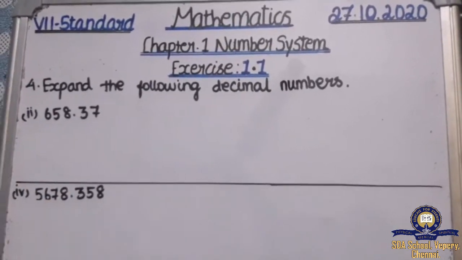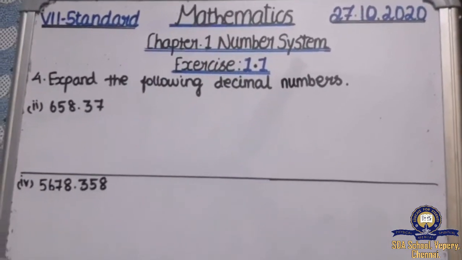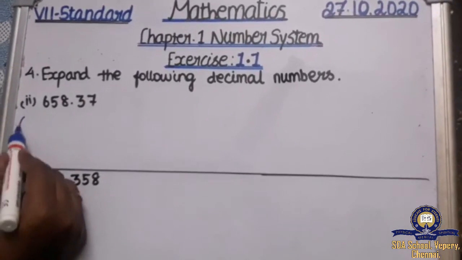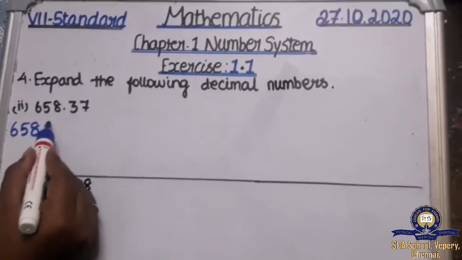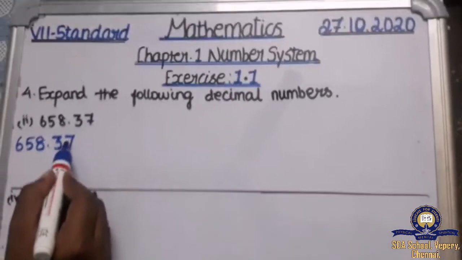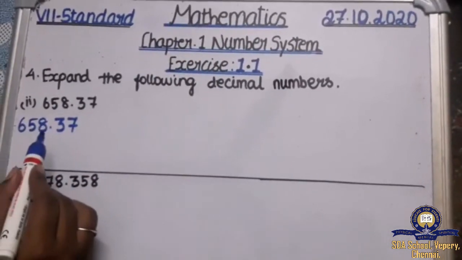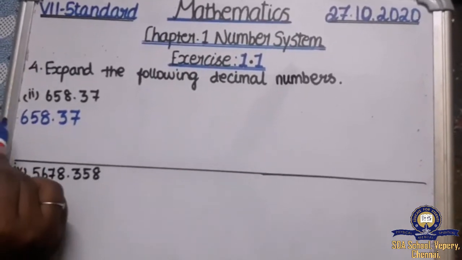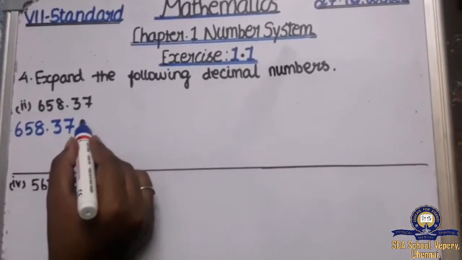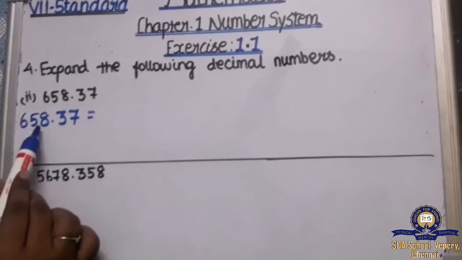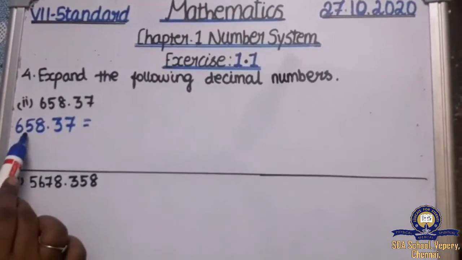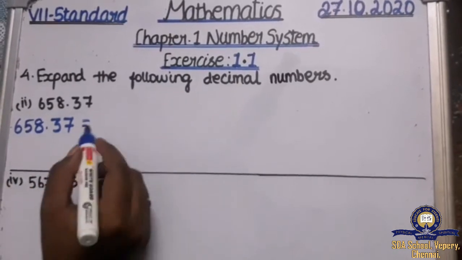Okay. So how can we expand the following? Shall we see that? Yes. 658.37. After the decimal point we can say it as a single number like 37. So 658.37 can be expanded as follows. 8 is in the 1's place, 5 is in the 10's place, 6 is in the 100's place.